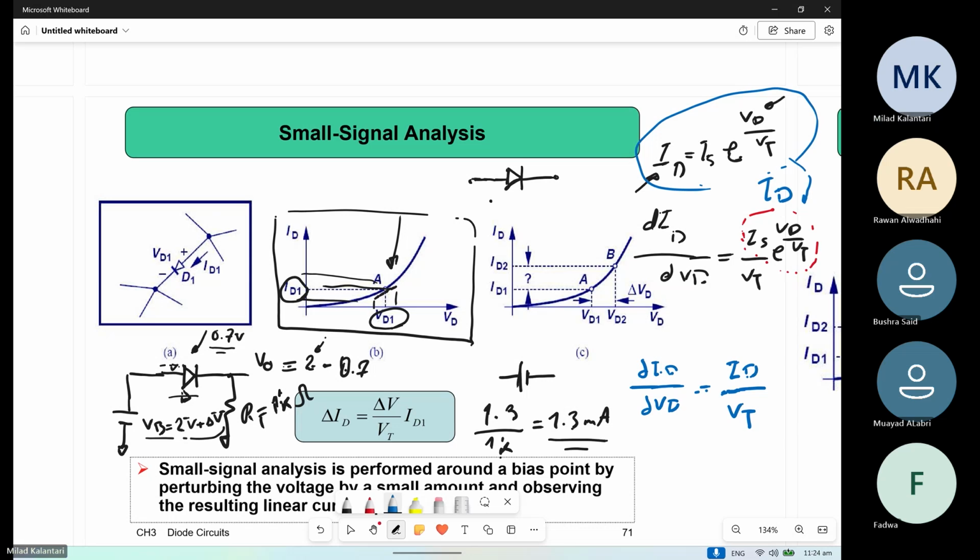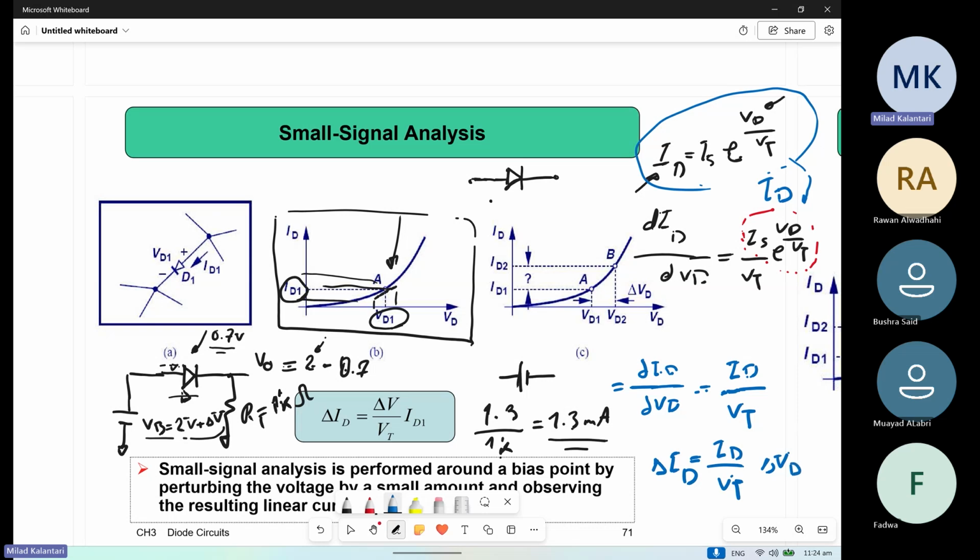This is saying what? Can you describe what this is saying? Delta ID equals ID over VT times delta VD, right?